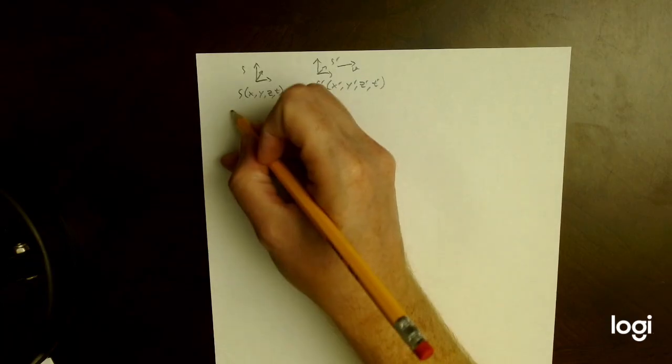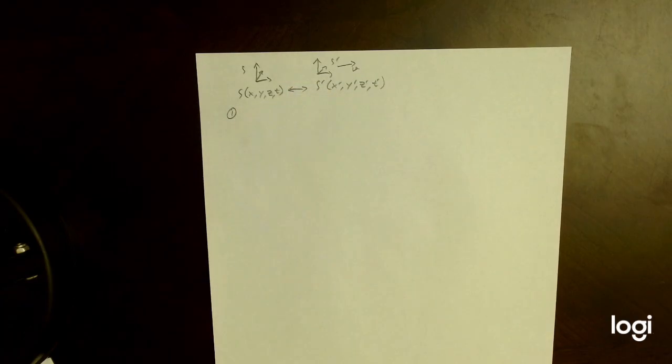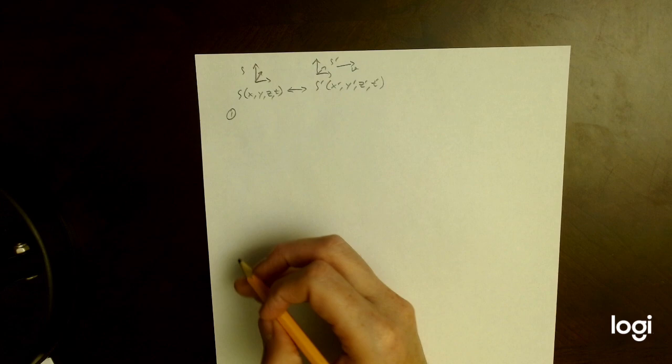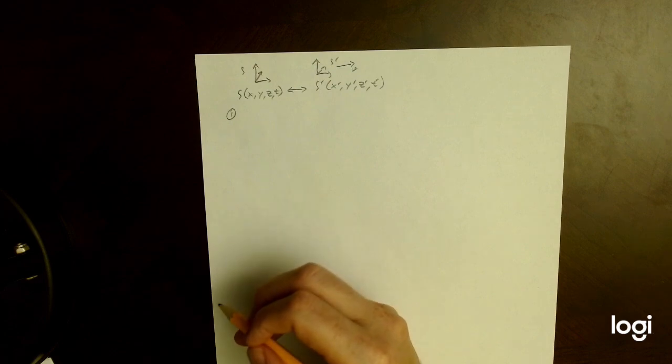We're going to lay out a couple ground rules for what we want these transformations to be. We want to make sure that no frame is special, one of the core tenets of relativity.